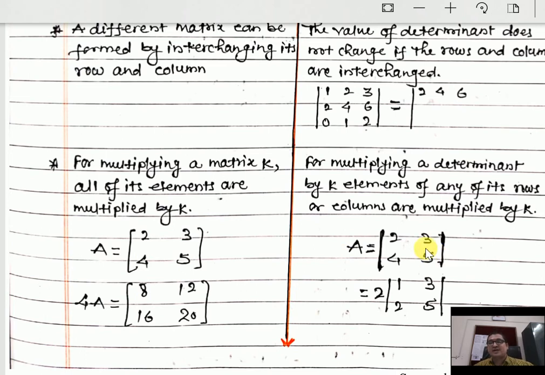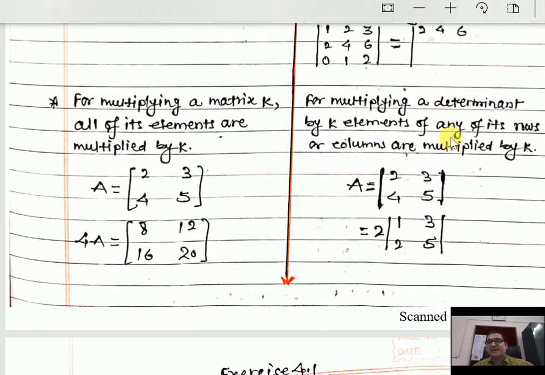In determinants, it's not like that. For multiplying a determinant by a constant, you can multiply in any one row or any one column. Look here, I have taken common 2 from C1. Means if you want to multiply with any value in the determinant, you need to tell in which row or in which column you want to multiply.